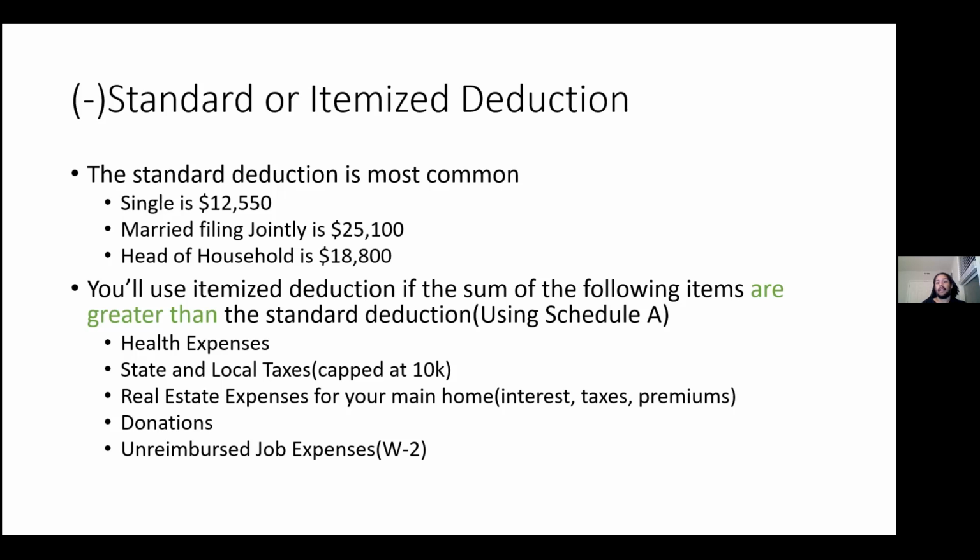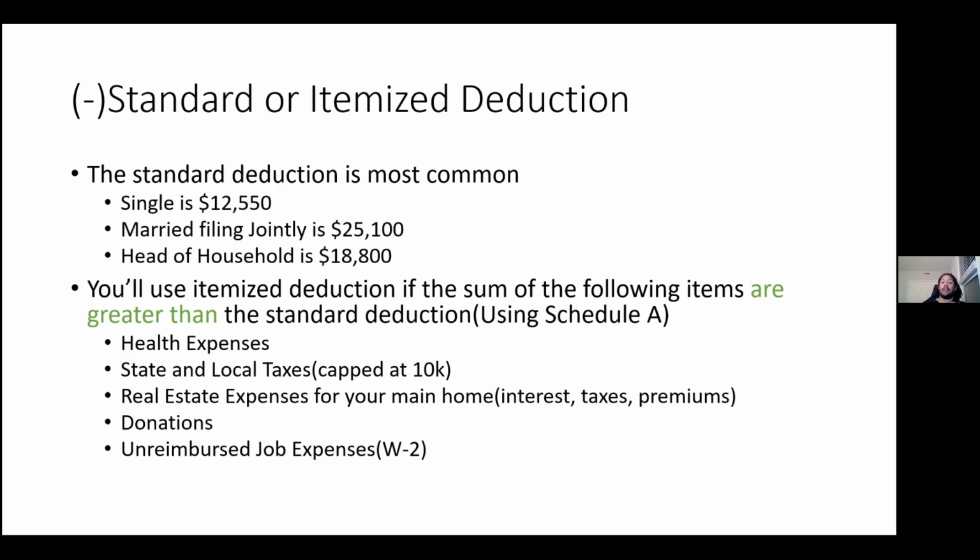And then I work in Philadelphia, I work at the Mann Center, so I would be paying city taxes about 3.5%, I want to say. So that amount, I will get all that money back if I was itemizing. But again, I won't itemize unless the sum of all these is higher than the standard deduction.